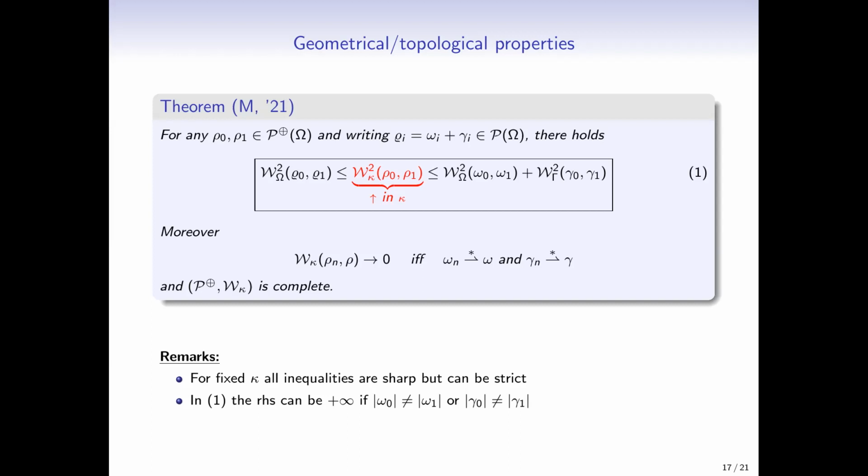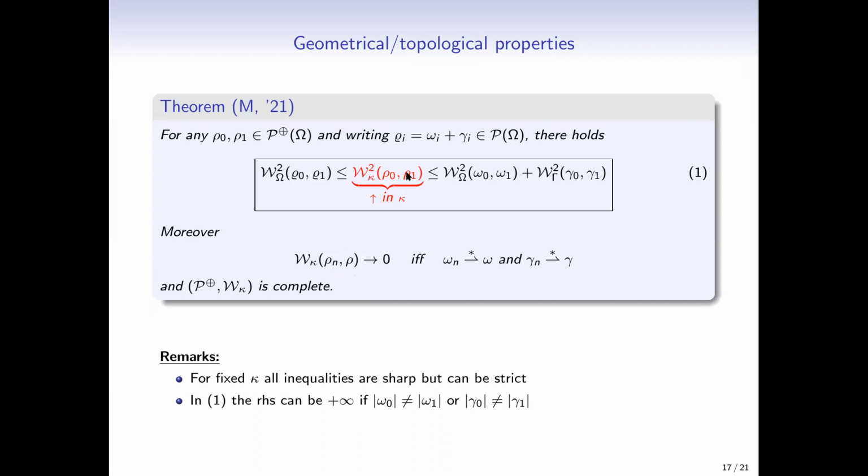By weak convergence of measures, I mean duality with continuous and bounded test functions. This is a very common and a very weak topology. So my metric metrizes exactly this double narrow convergence, right? So rho n converges in distance to rho if and only if omega n converges to omega and gamma n converges to gamma, which is again very desirable. It's nice to have that.